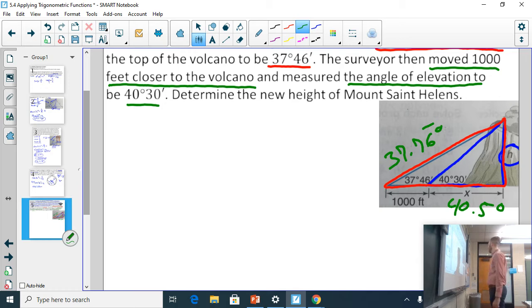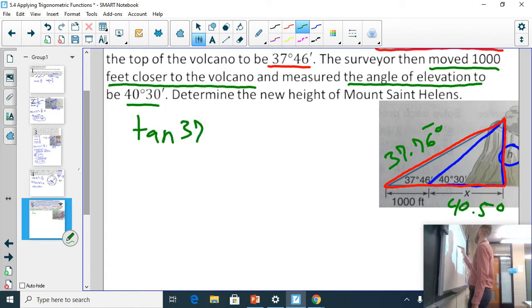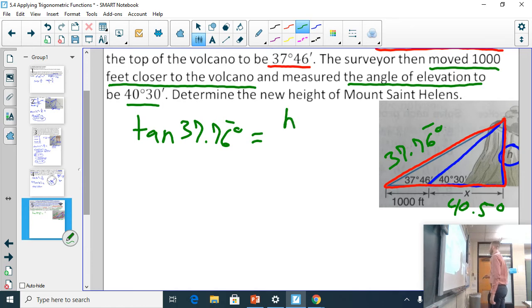And I want to involve the h, and I don't know anything about the hypotenuse, so I'm going to want opposite and adjacent, so I'm going to use tangent. So tangent of 37.76 degrees equals opposite is h, and adjacent is going to be 1000 plus x, right?